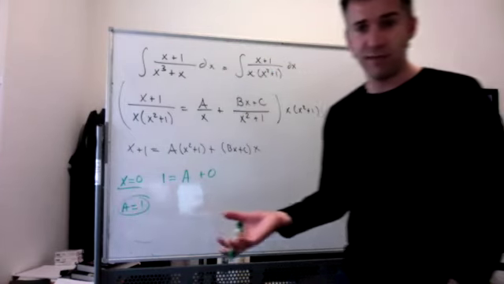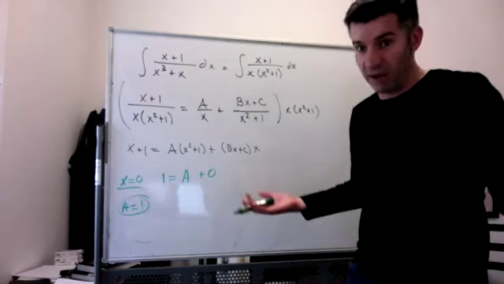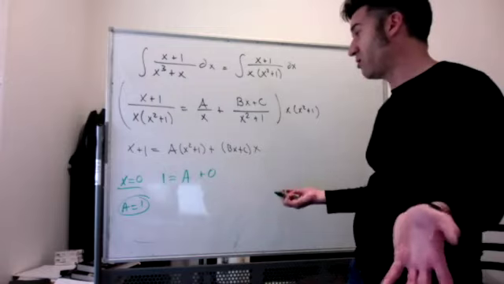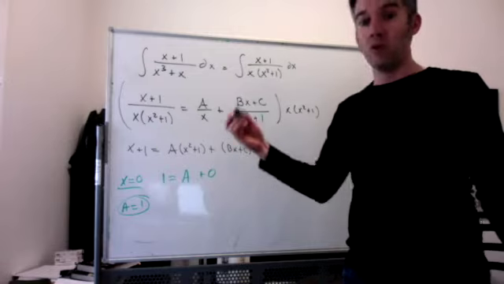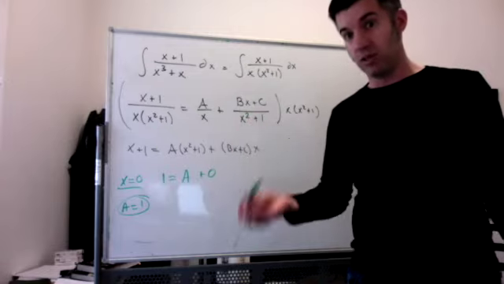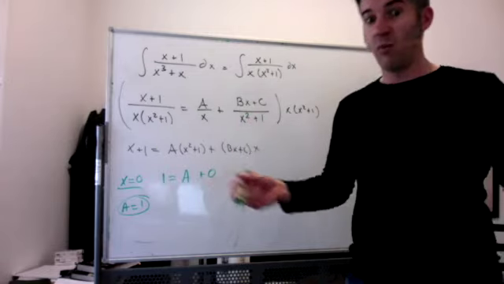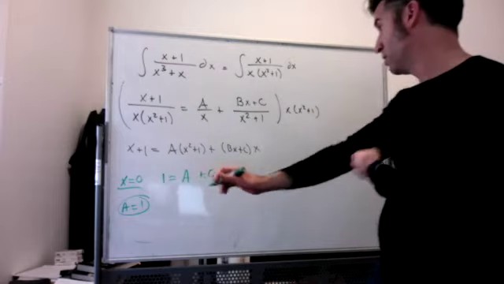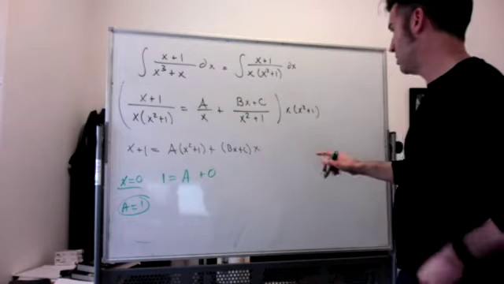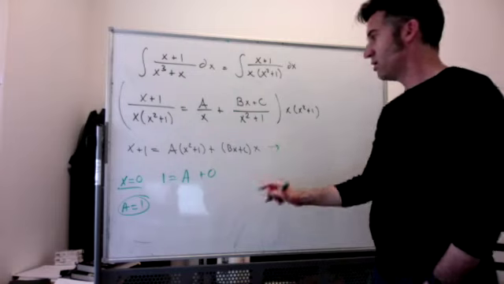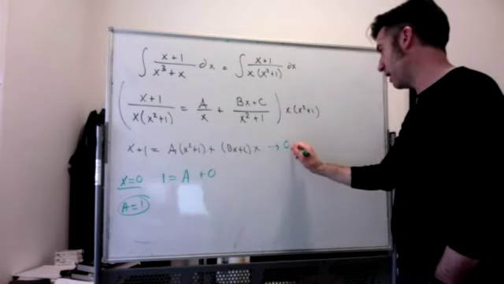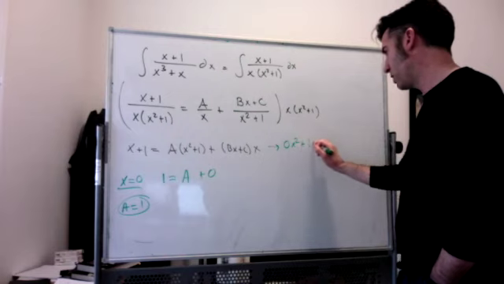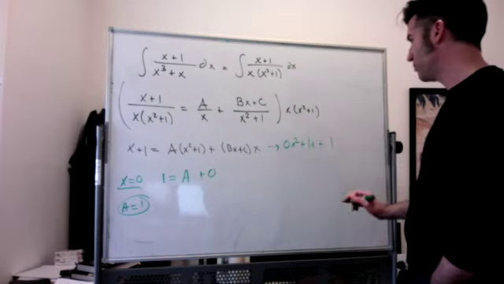But here's the thing. We're out of convenient values now. There's no other value of x that's going to make a bunch of stuff 0. So this is where we go back to the method she was using for all of her partial fractions, where we're going to equate coefficients. Let me rewrite my equation. On the left-hand side, I have 0x squared plus 1x plus 1.